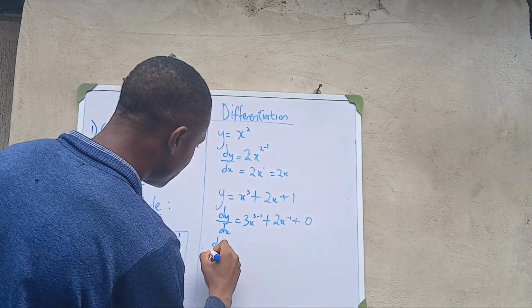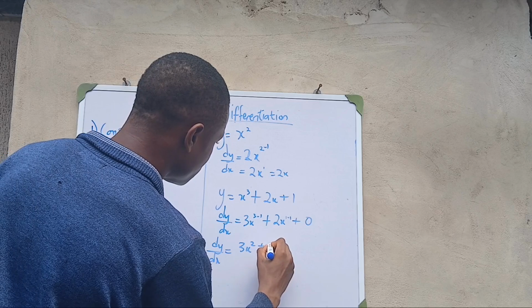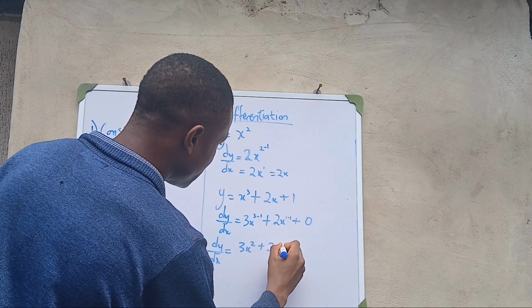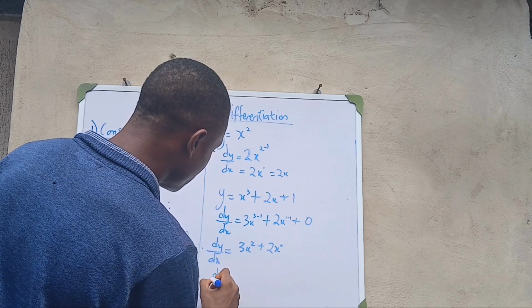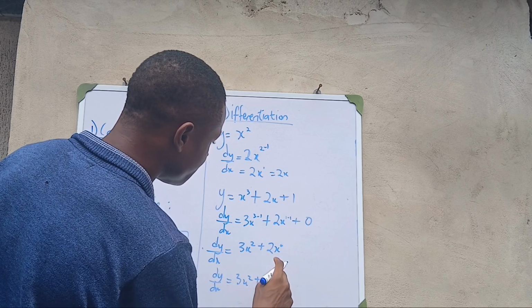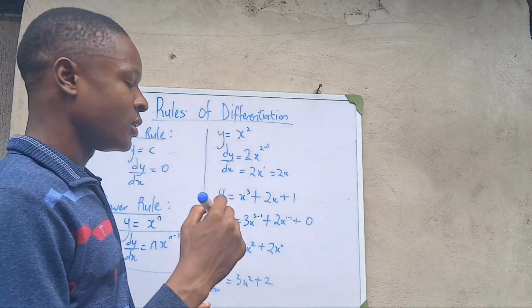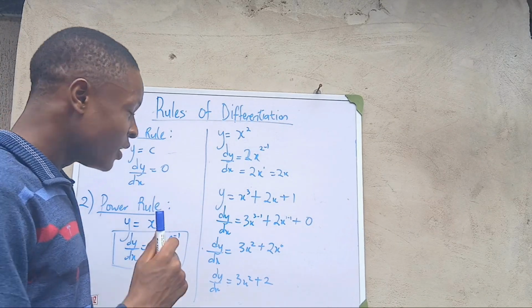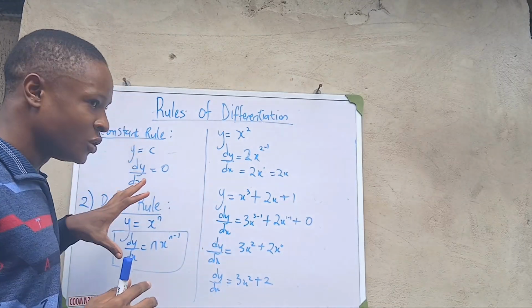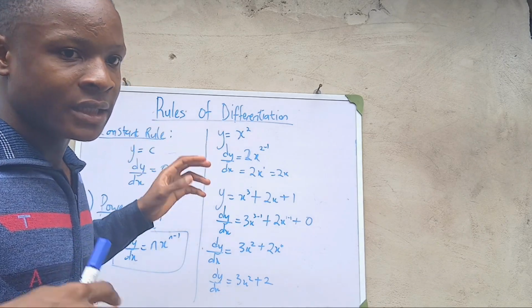So we have dy over dx equal to 3x squared plus 2x raised to the power 0. So dy over dx is the same as 3x squared plus 2. x raised to the power 0 is the same as 1, so 2 times 1 is the same as 2. Just knowing these two rules, you can solve differentiation questions faster and easily.